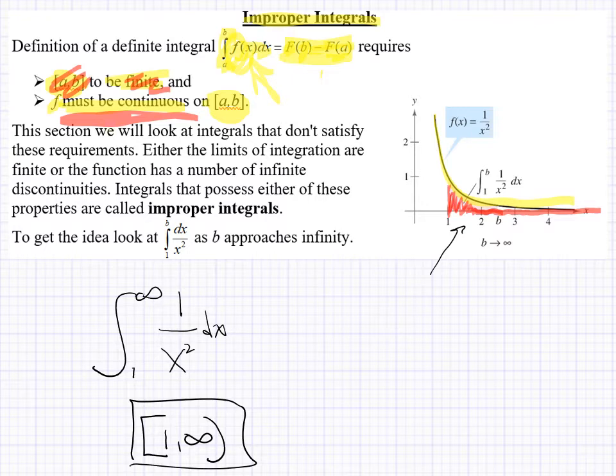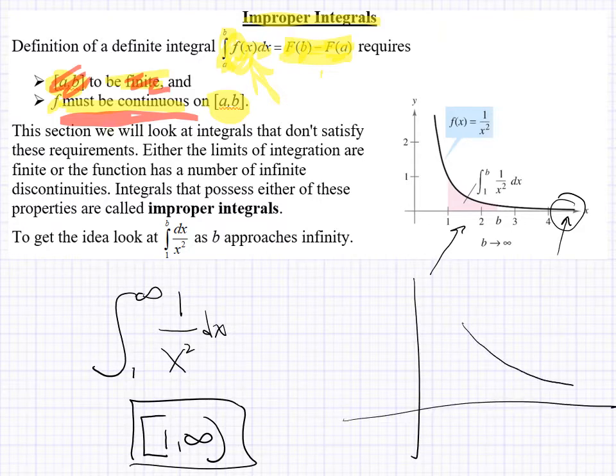Now, one thing you know, and you know this from your study of functions and horizontal asymptotes from algebra and pre-calc, is that this function never touches the x-axis. If you were to blow it up, the function will continually get closer and closer to the x-axis. This distance here would get smaller and smaller, but the function never touches the x-axis, the horizontal asymptote there.